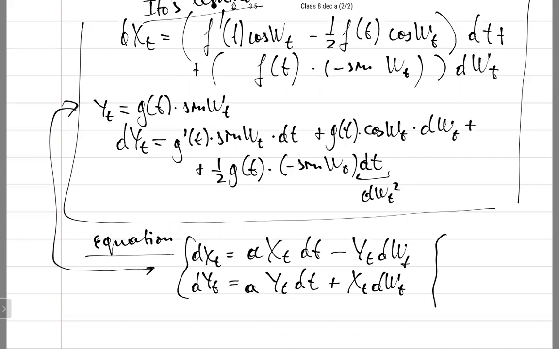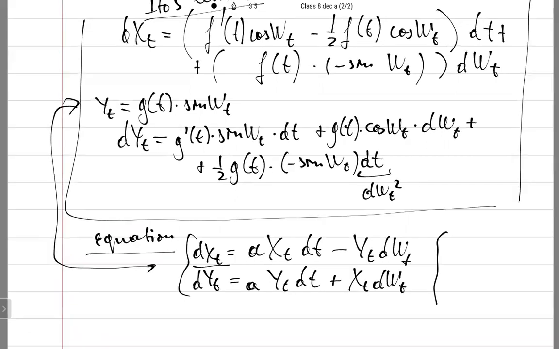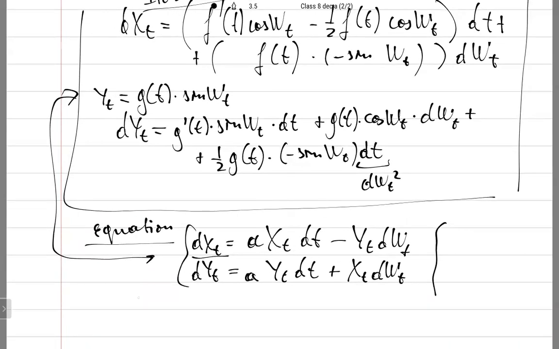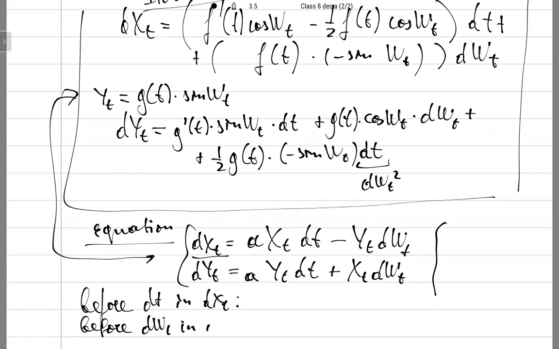So dx_t does not exist as such, but I will create 4 equations: the first is before dt in dx_t, the second before dW_t in dx_t, and I will do the same thing for y_t.